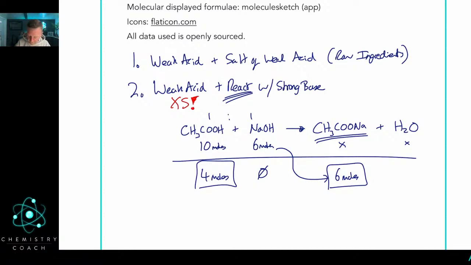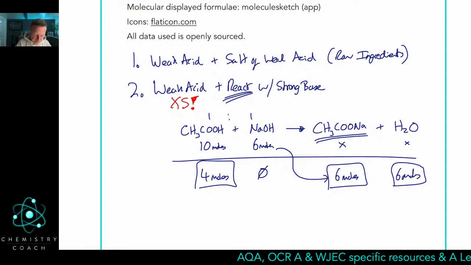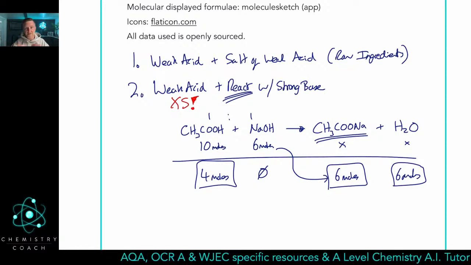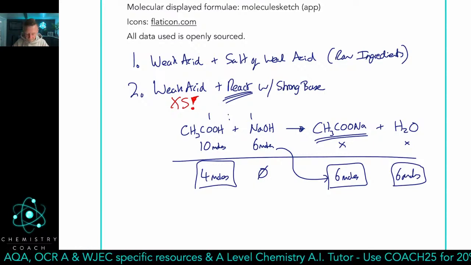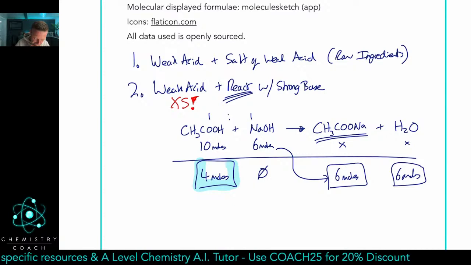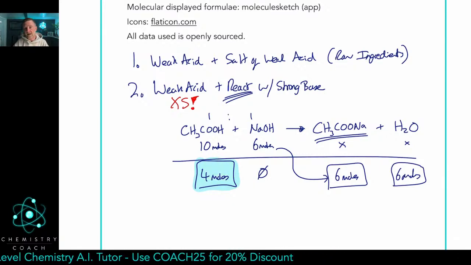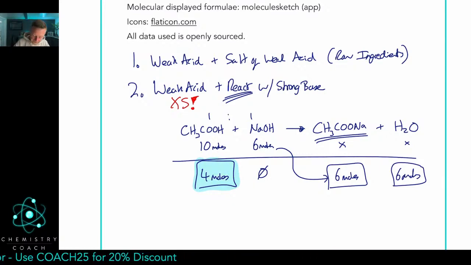And yeah, we're going to make 6 moles of water as well, but we're not bothered by those. So what you'll notice is that this way of creating a buffer is essentially leaving us with a solution of weak acid, 4 moles of it, and the salt of the weak acid.